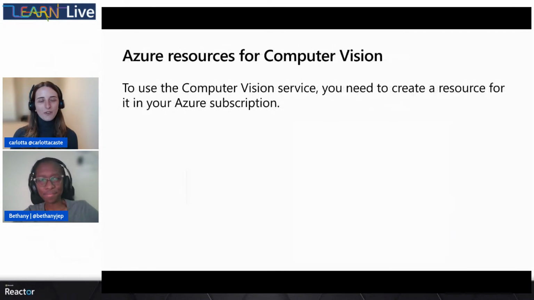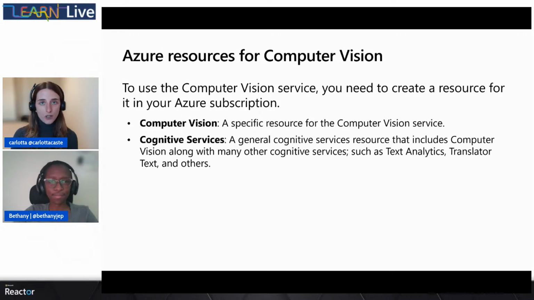Yeah, thanks, Bethany, for explaining to us what the computer vision service is. Now I would like to cover how to use this service. First things first, you need to create a resource for it in your Azure subscription. For doing so, you can use either of the following resource types: computer vision or cognitive services. Computer vision is a specific resource type for the computer vision service.